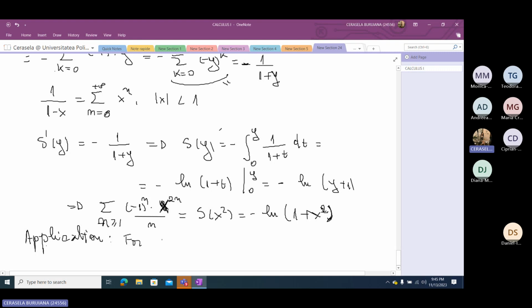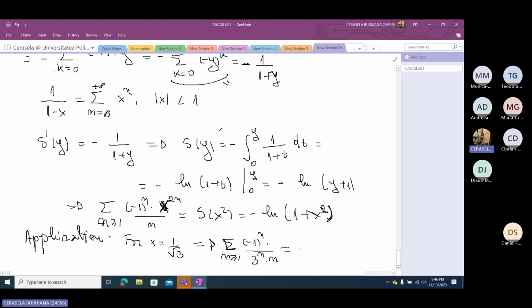For instance, if I take x to be 1 over square root of 3, let's say. Well, by replacing in our series, we get the sum of the series of general term minus 1 power n times 1 over square root of 3 power n, that's actually 1 over 3 power n times n.